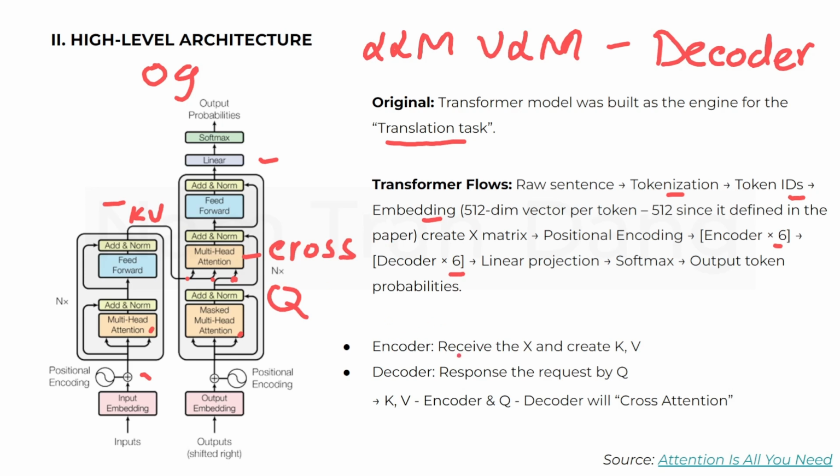So the encoder, in basic terms, receives X and creates the key and value. Meanwhile, the decoder responds to the request by Q. So the cross attention is where it's used to predict. Be aware that I still want to emphasize this is the original architecture. So you might be confused between the current LLM or decoder architecture.